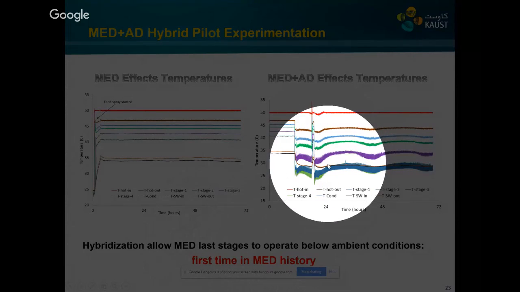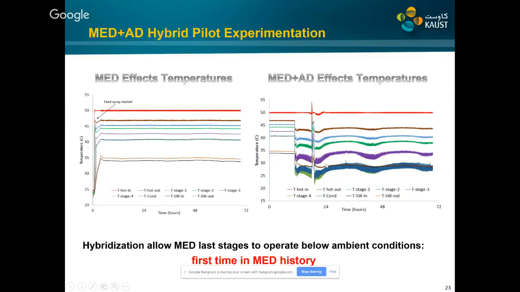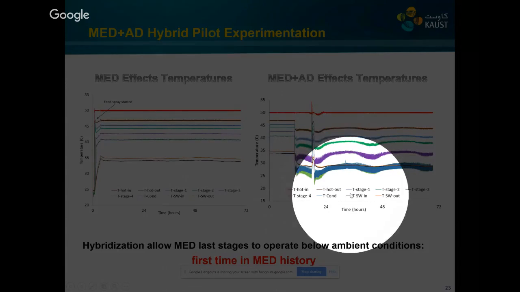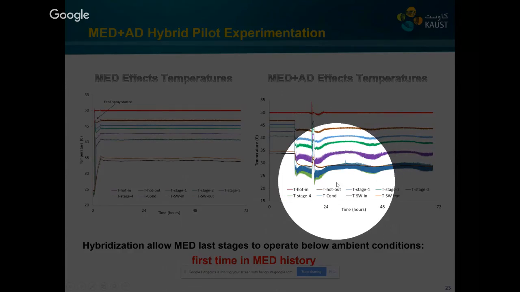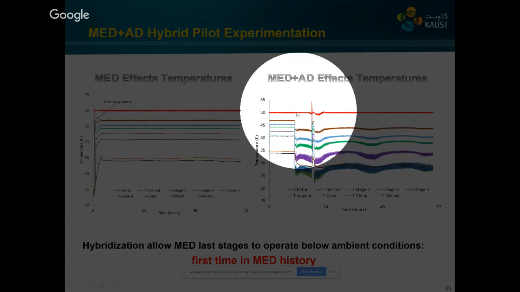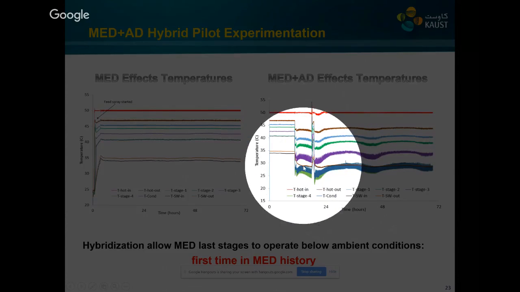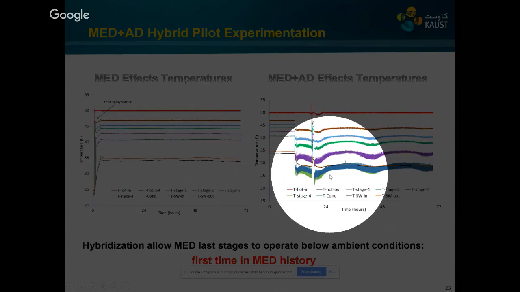And this 25 degrees centigrade is limited by the hardware, because we have only 4 effects. It's a research facility. So it shows that there is a gap available here to insert more effects. Or in other words, we can reduce this heat source temperature to around 40 degrees to operate the last stage at around 7 to 10 degrees centigrade.